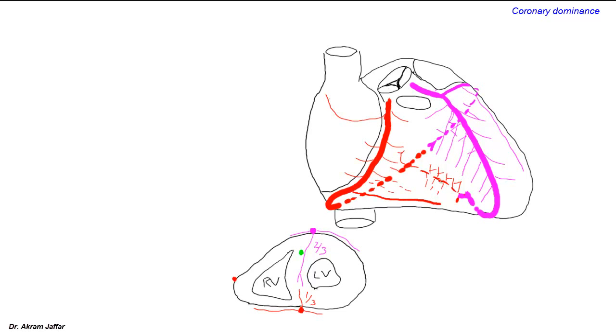While if the posterior interventricular artery is a branch of the circumflex of the left, it is called the left dominance, or if the posterior interventricular artery is contributed by branches of both right and left coronary artery, it is called codominance. But the most common situation in about 2/3 of the cases is the right dominance, in which the posterior interventricular artery is a branch of the right coronary artery.